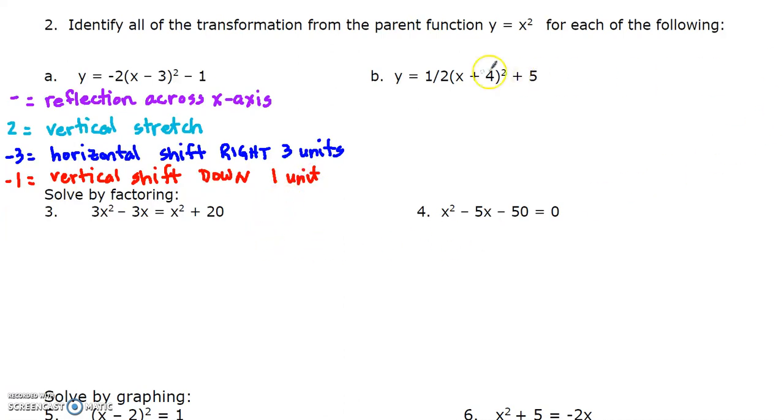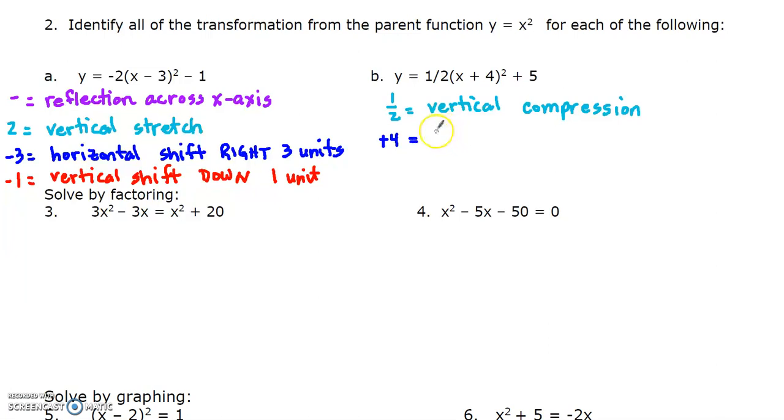Let's start with B. I don't have a negative sign, so I'm not having a reflection, so I just am going to deal with the 1/2. The 1/2 is going to cause a vertical compression. And remember, the vertical compression means it's getting wider. The number inside the parentheses is a +4.